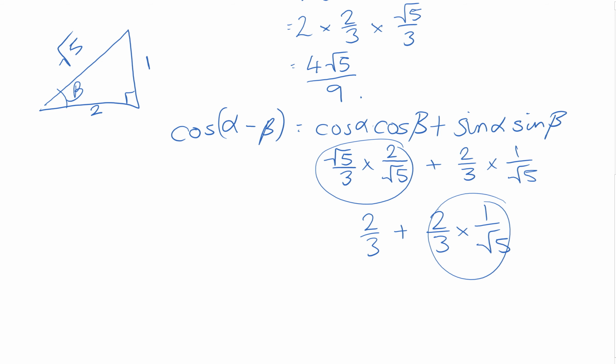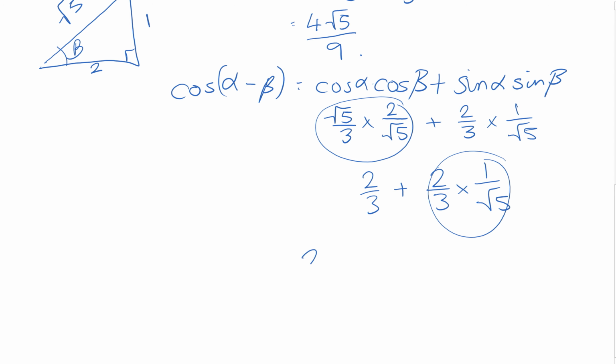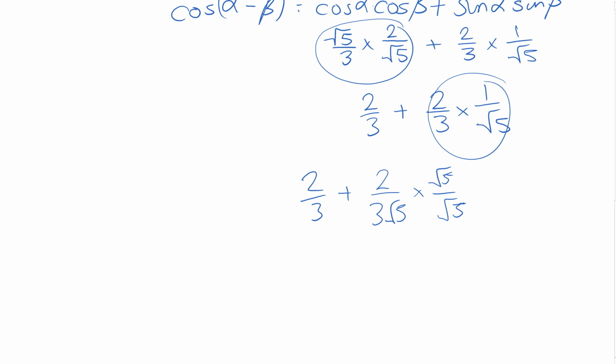So what I need to do to rationalise the denominator is times top and bottom by root 5. So I'm going to leave the 2/3 alone for a moment and just times top and bottom here by root 5. So I've got 2 over 3 root 5, and I'm timesing top and bottom by root 5. So that's going to leave me with 5 times 3, which is 15 as my denominator, and 2 root 5 as my numerator. And that's now being added to 2/3.